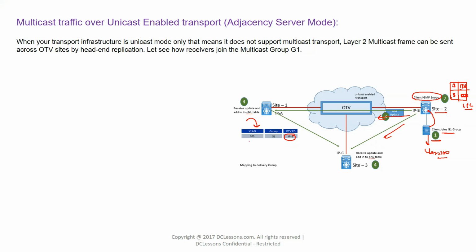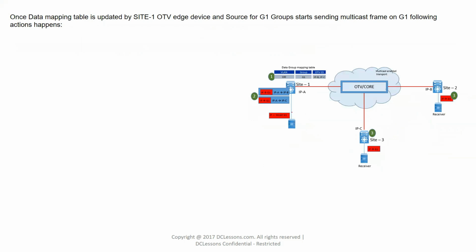Now, once your OIL list is populated, the source at site 1 starts streaming to the G1 group. Once the stream reaches the edge device at site A, it will look up its data group mapping table, where it says that for group G1, I have to send the traffic to IPB and IPC because I have interested receivers for this group at site 2 and site 3.